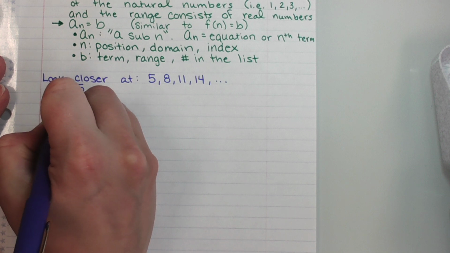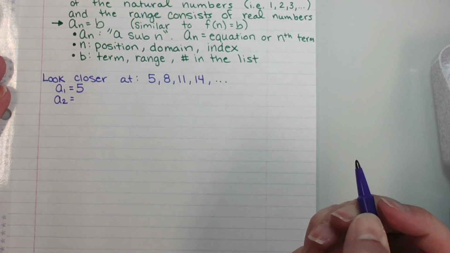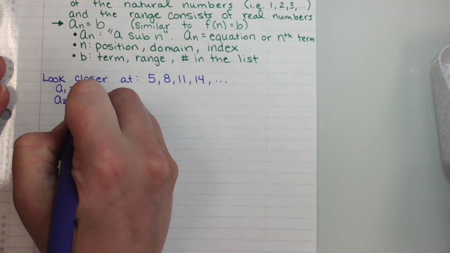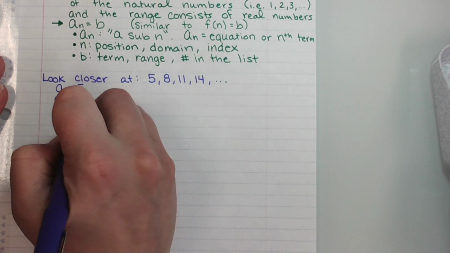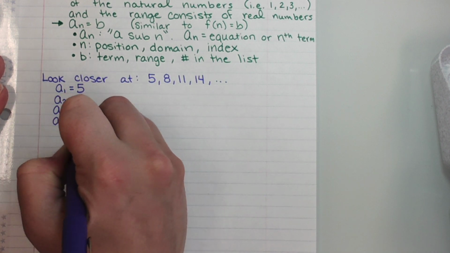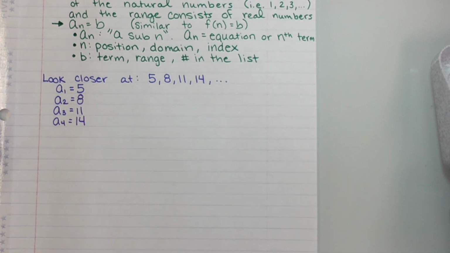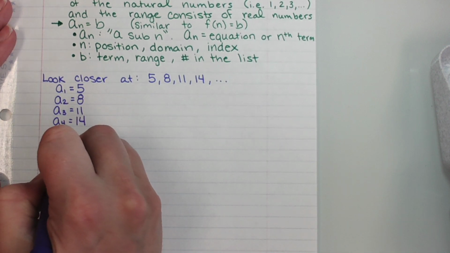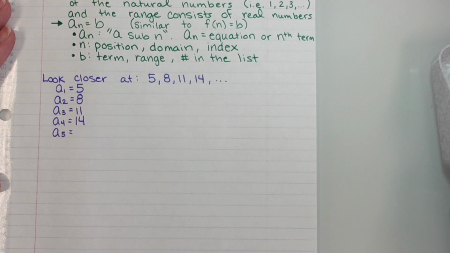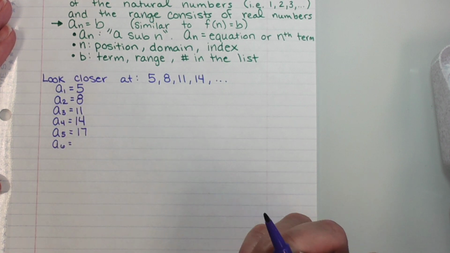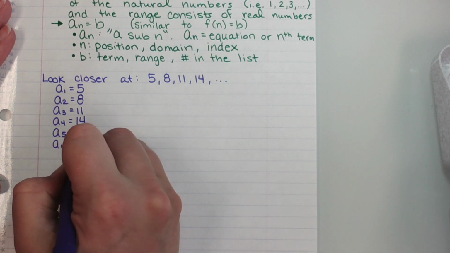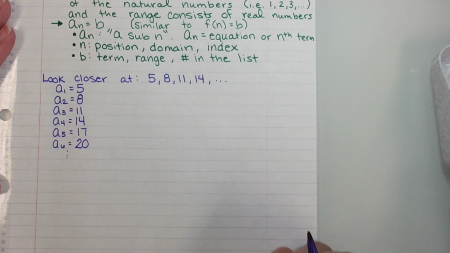A sub 2 says the second number in the list, which in this case is 8. A sub 3 would then be 11. A sub 4 would be 14. What's a sub 5? 17. What's a sub 6? 20. And I could keep going on forever.